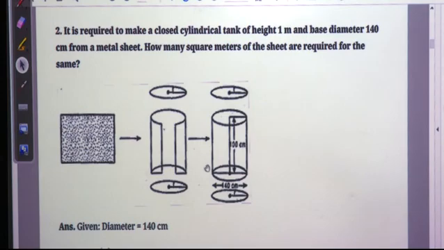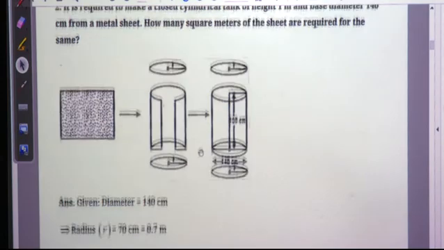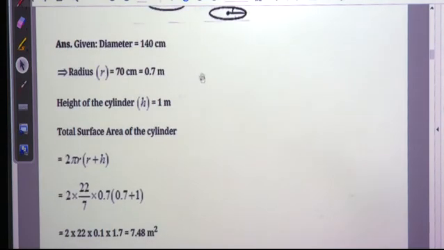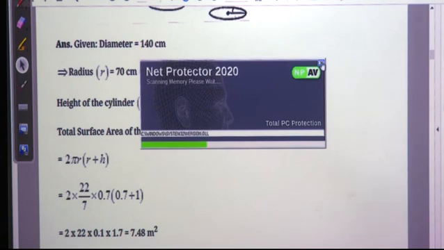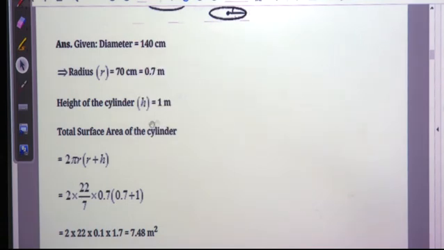We are preparing a cylindrical tank. What is given? Diameter is equal to 140 centimeter. Radius is equal to half of the diameter, that is 70 centimeter, or in meters 0.7 meters. Height of the cylinder is equal to 1 meter.